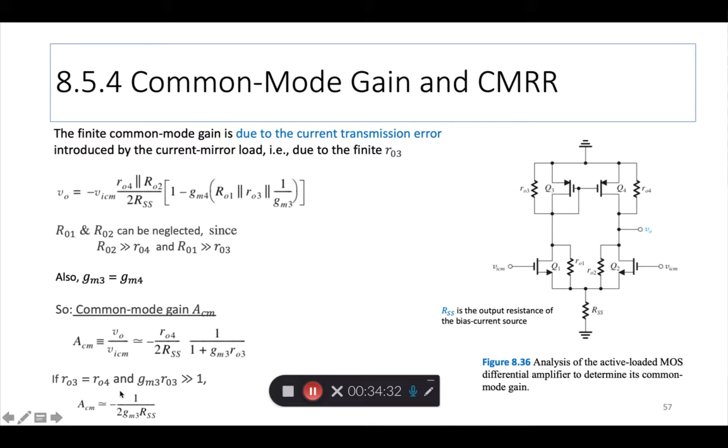Okay. So this formula is what we use a lot in problems. So make sure you understand this. Now we did bring in a new factor RSS, which is generally given. If not, you can also calculate it. But now we see that ACM has a simple form.